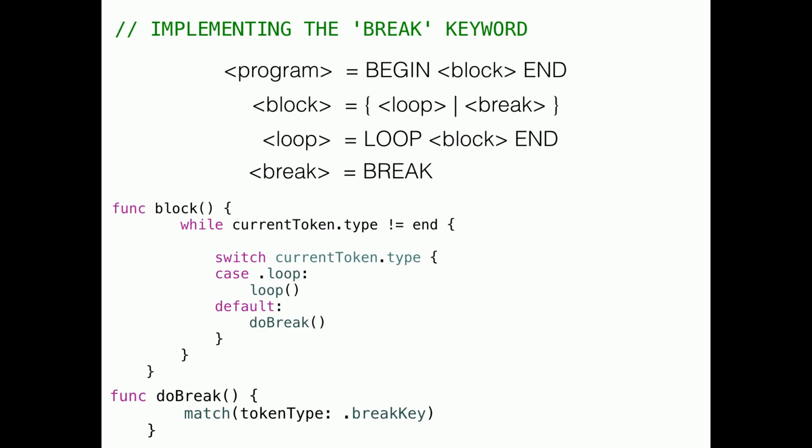And it's interesting here, this is kind of a happy accident. You'll notice that I had to name my break parsing function doBreak instead of just break. And that's because break is also a reserved keyword in Swift. And having implemented our own tokenizer and a bit of our own parser, we can actually understand why that is a limitation that exists in many languages. So imagine for a second if we wanted to allow Bitsy developers to use loop as not only the loop keyword, but also as a variable name.